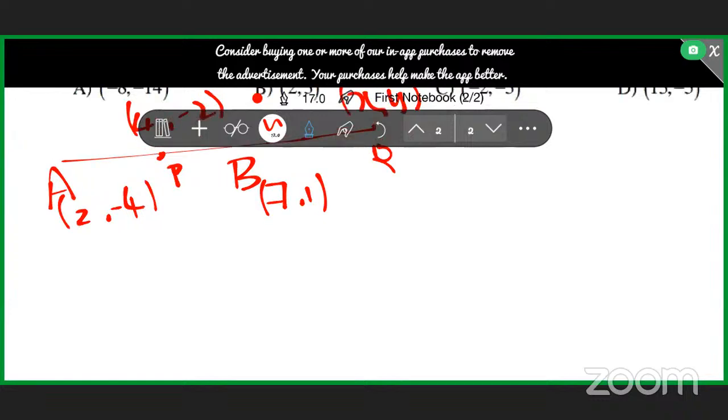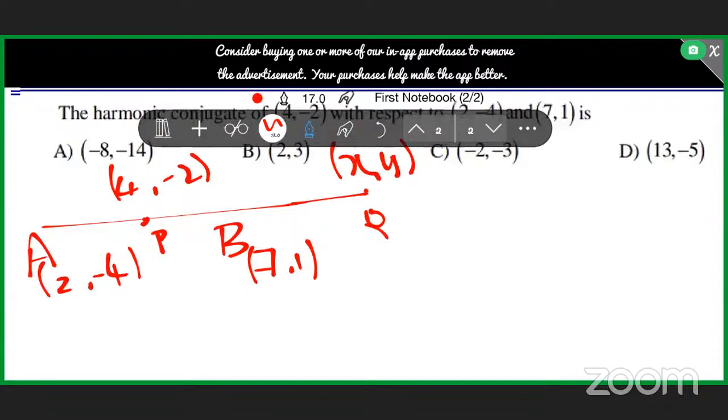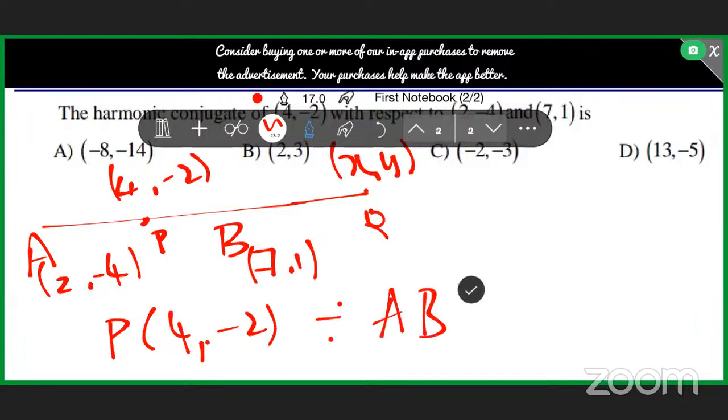So I'll consider the point P (4 comma minus 2). P divides AB in the ratio, let us take some K:1. Generally I'll take some K:1 ratio.